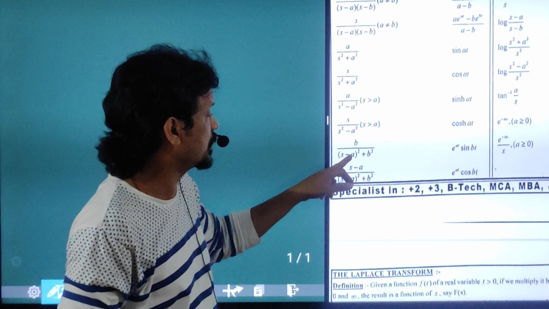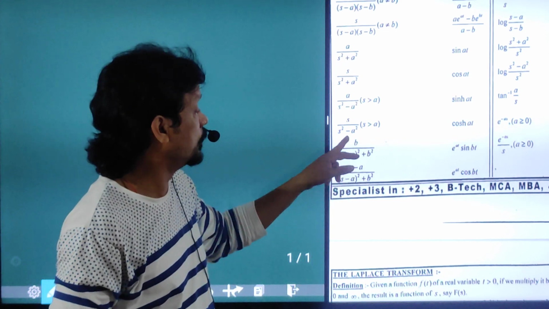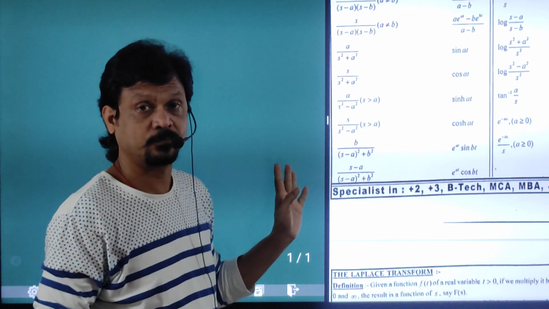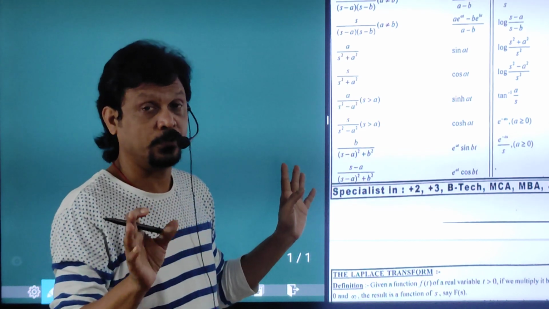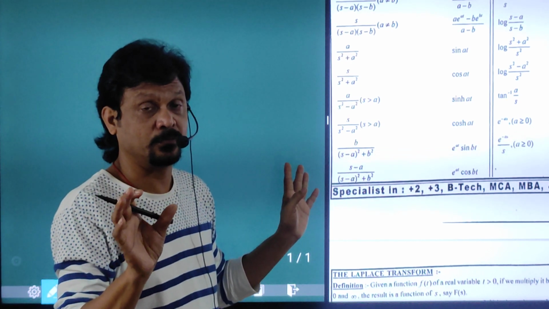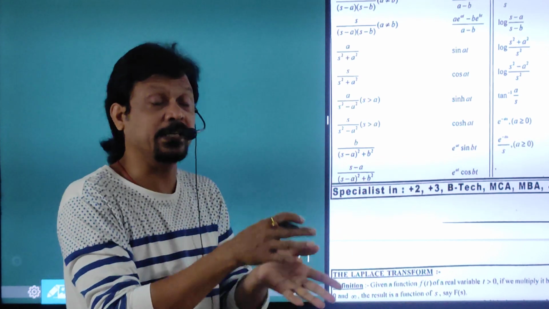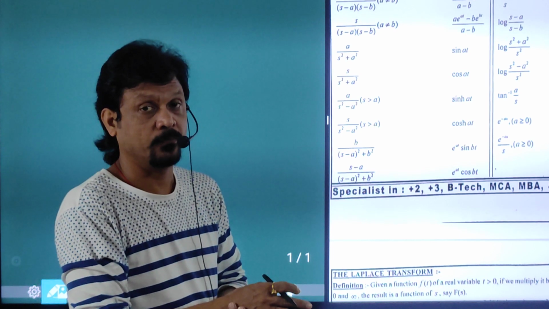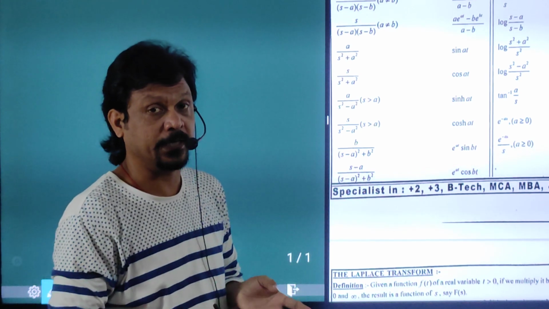Same format, either s minus a is there or b is there. That means the square of s minus a or the square of b is there. So in the numerator, either you should write b or you should write s minus a. Don't think otherwise; you have to write either s minus a or b, so that you can put the format directly.